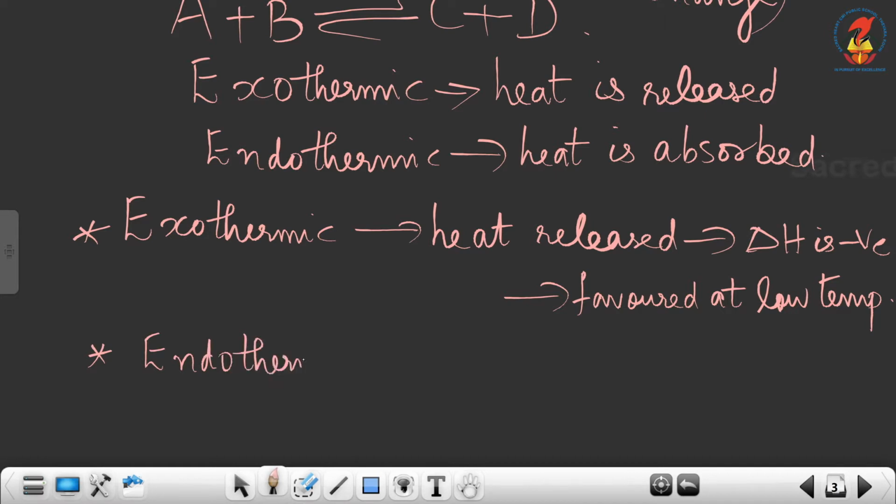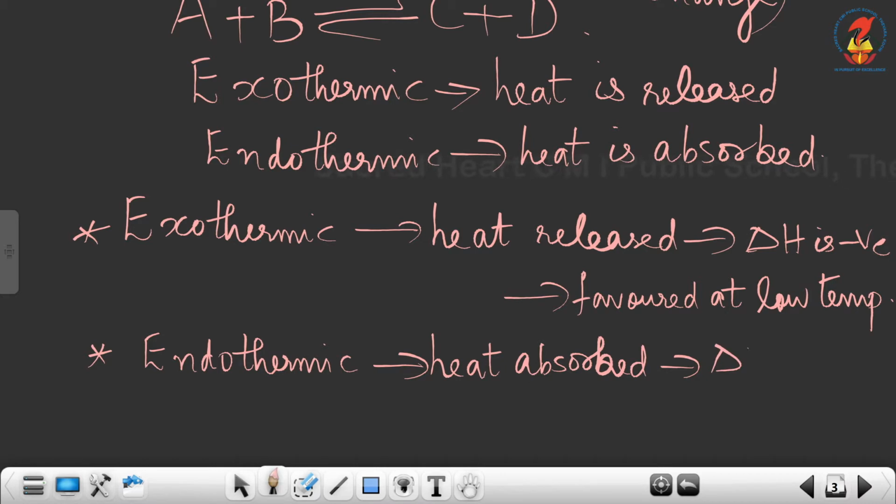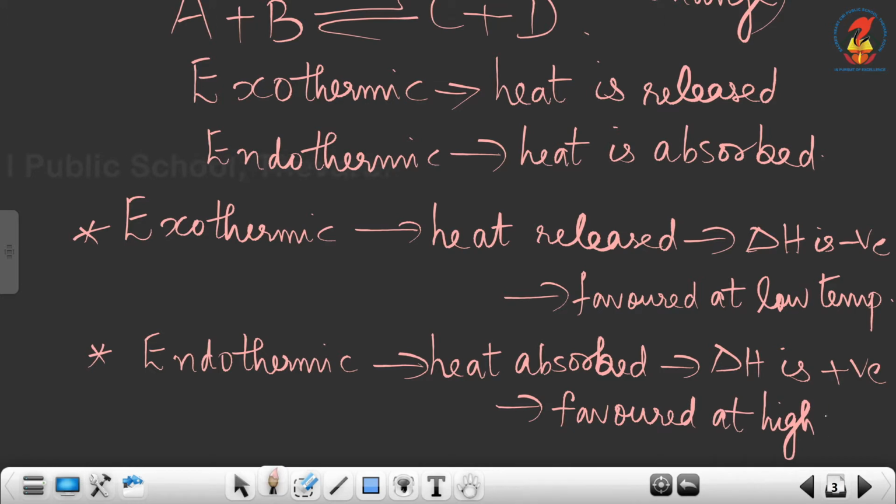Now the next important point. Endothermic reaction means heat is absorbed, delta H is positive, and it is favored at high temperature.